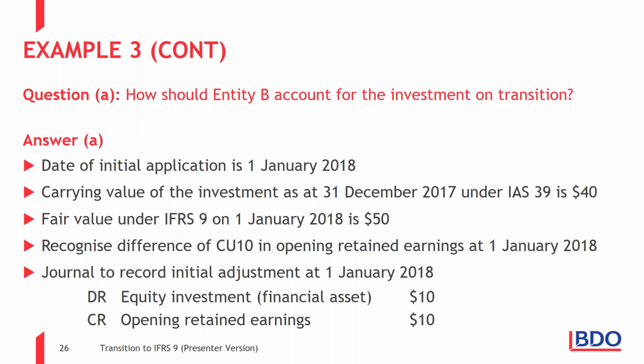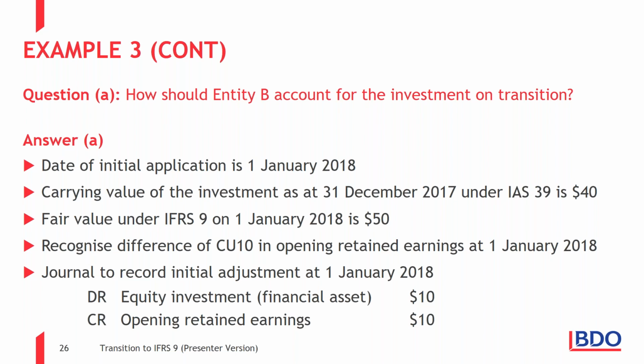So the only difference is it's now a decision to account for this financial asset at fair value through profit and loss. So on the date of initial application, 1 January 2018, the carrying value under the old standard on 31 December was 40. The fair value on the 1st of January is 50. We know we have to increase the equity investment by 10.